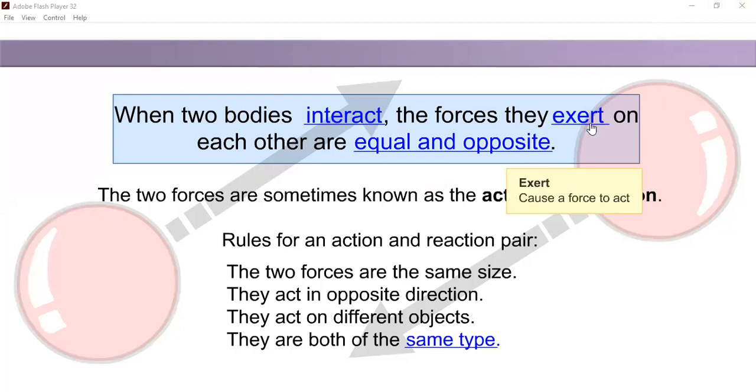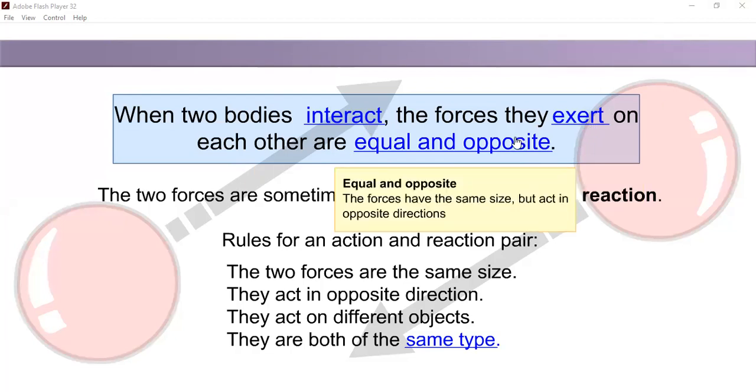Exert means to cause a force to act. Equal means the same magnitude. Opposite means the directions are opposite. Equal magnitude, opposite direction.